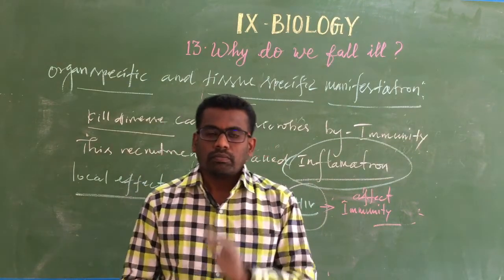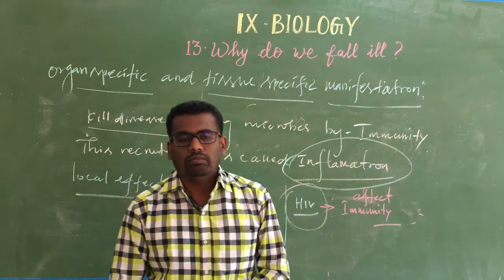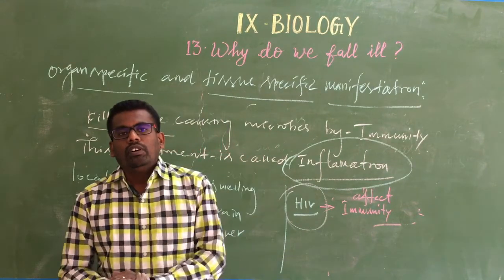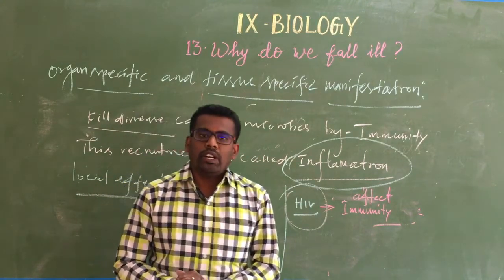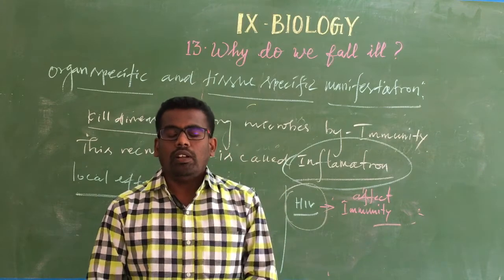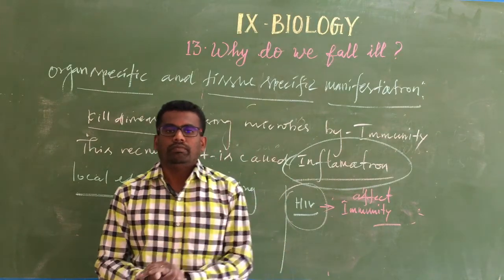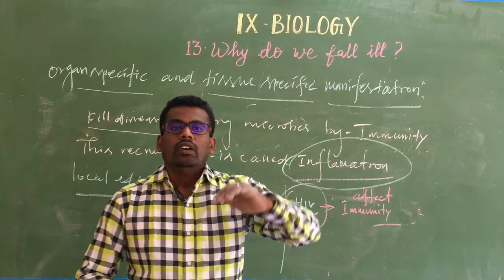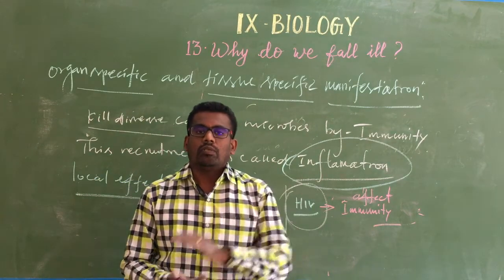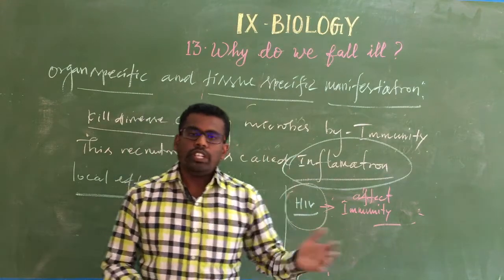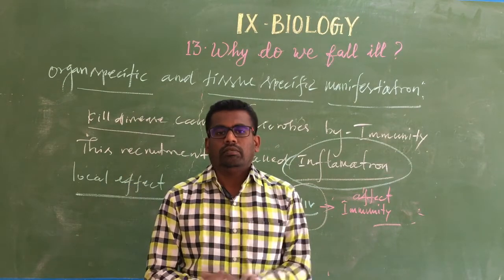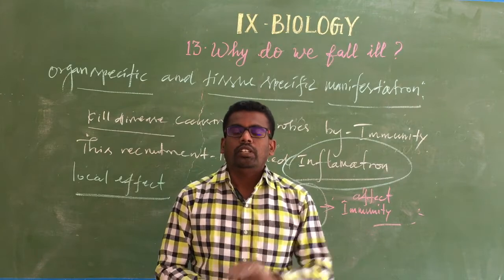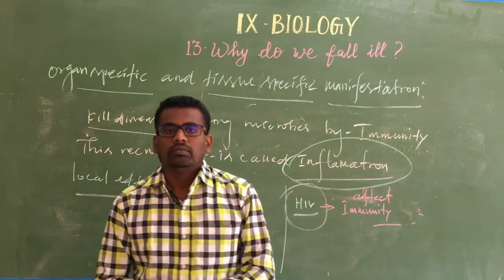Examples are common cold and pneumonia. If transmitted or spread through water, it is called waterborne disease. Where the microorganism reaches the guts, the lining of the guts, it causes cholera.